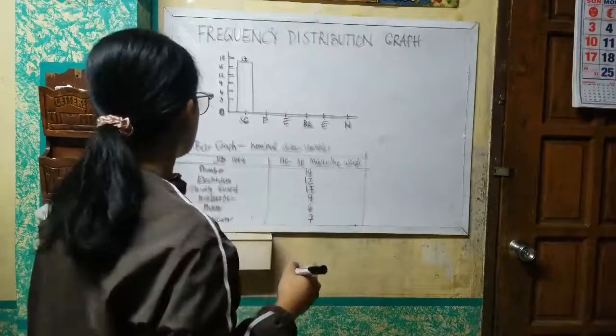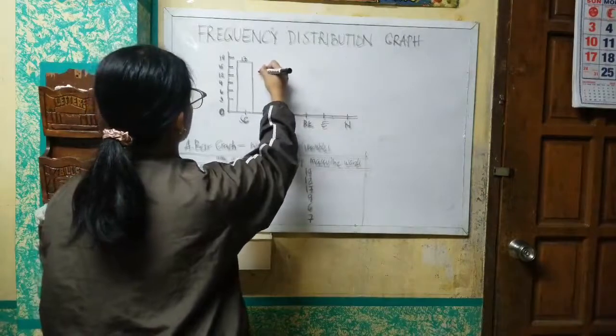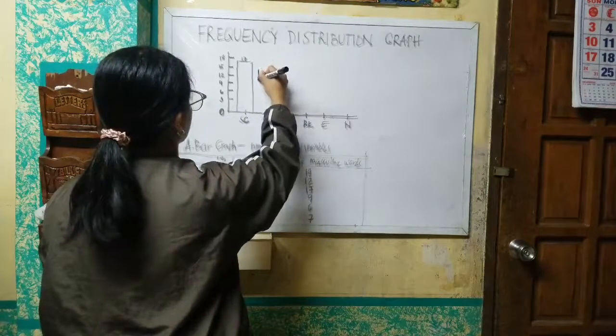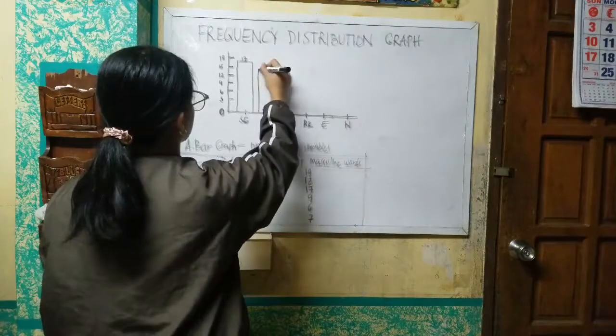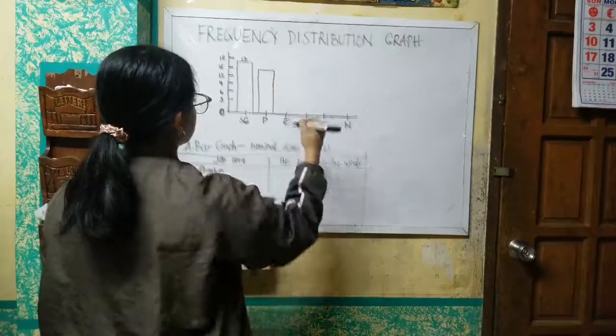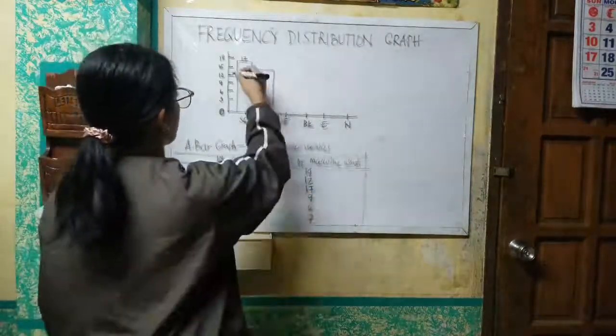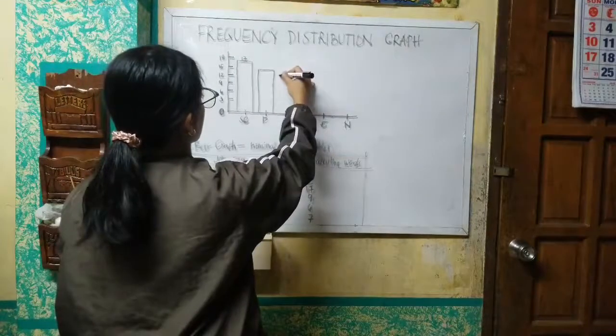Next is plumber. This is 14, so 2 scores beyond 12. Next is electrician. We have 12 as the frequency.